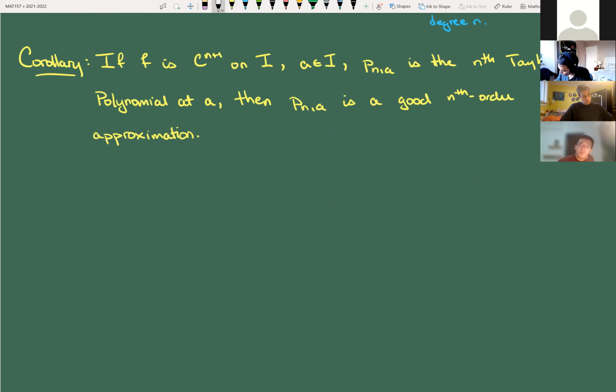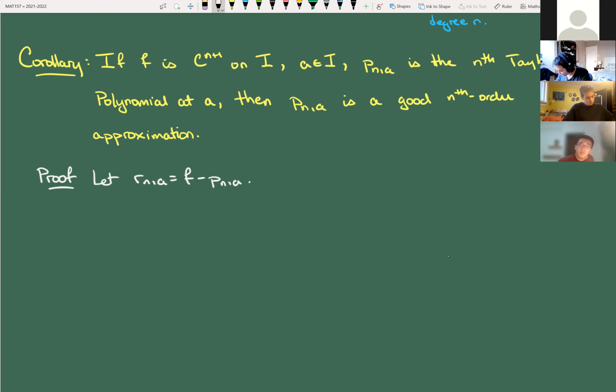Okay, and the proof of this is very quick. So by the theorem, let's be more careful. Let R_n,a be f minus P_n,a, to typically set up our remainder. So we want to show that this thing goes to 0 when divided by (x minus a) to the power of n, right?